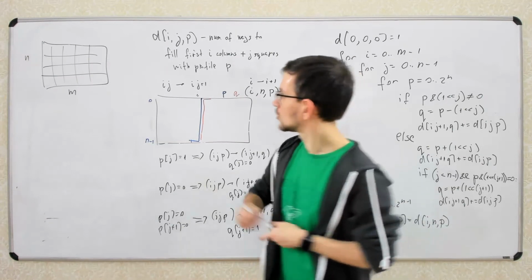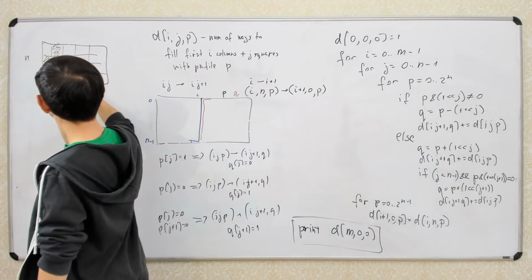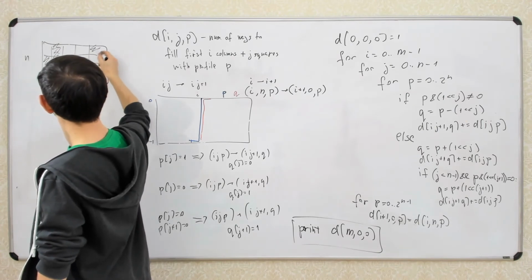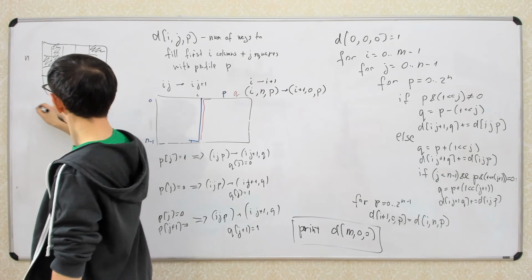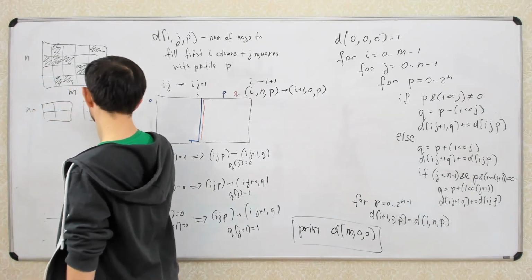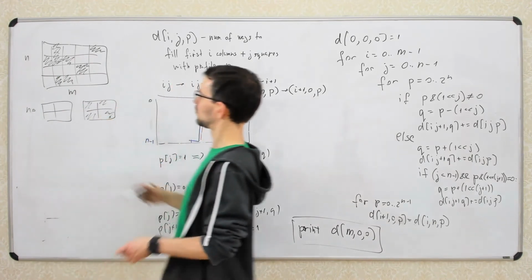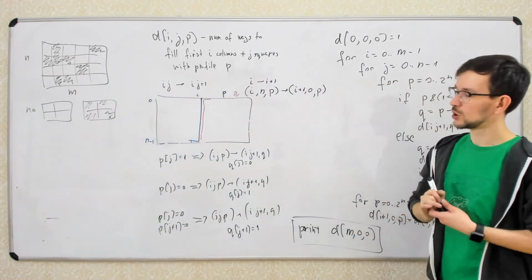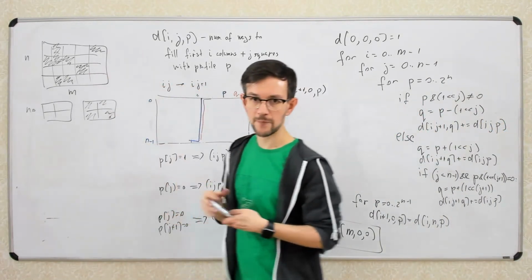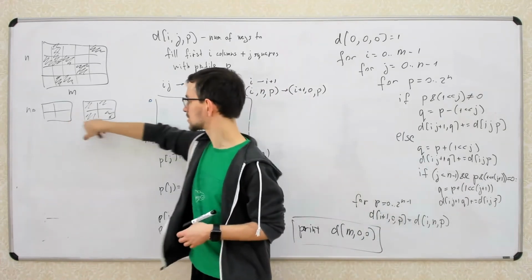So let's say you color like this, and this, and something like this. So there is no 2 by 2 square which is entirely white or entirely black. So you want to find a coloring of this n by m rectangle in such a way that there are no situations like this.